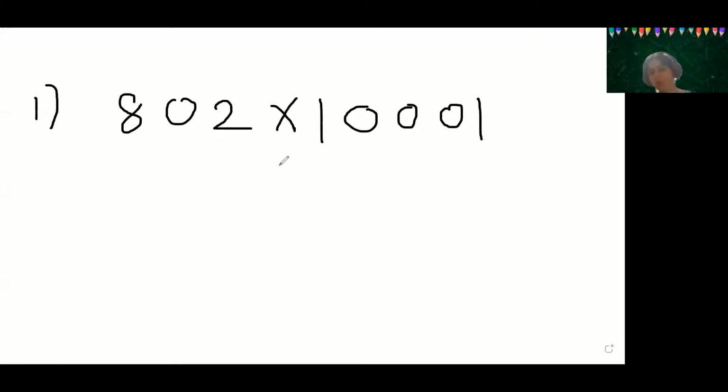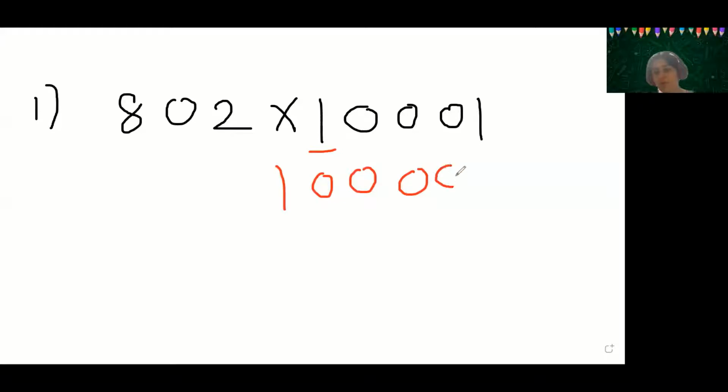Now, this is a big number. So what do we have to do? First of all, we need to find out the place value of the second one. The place value of the second one is 10,000.